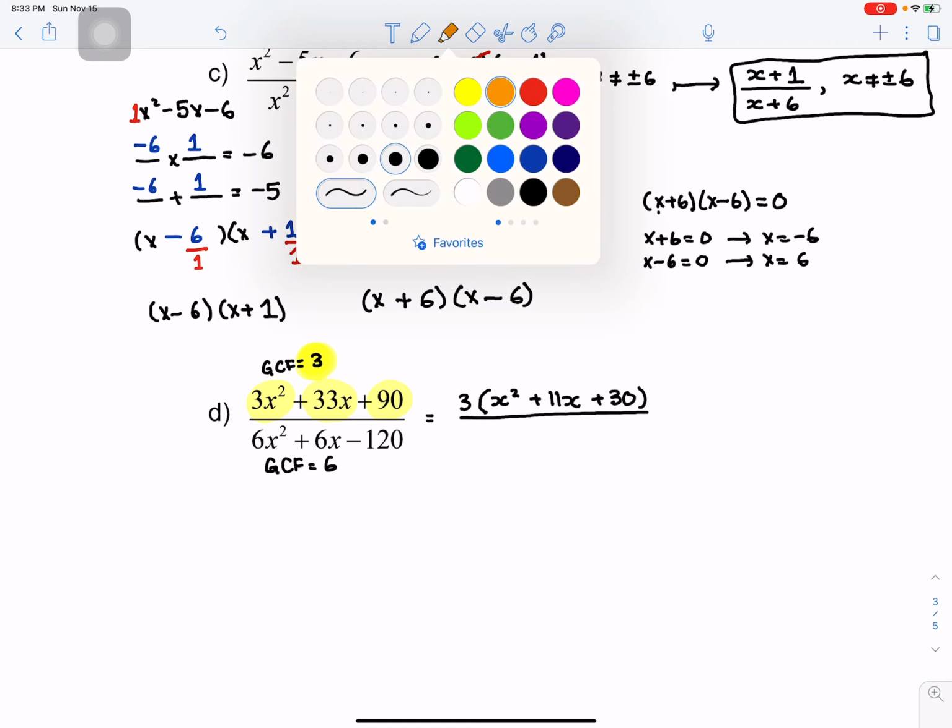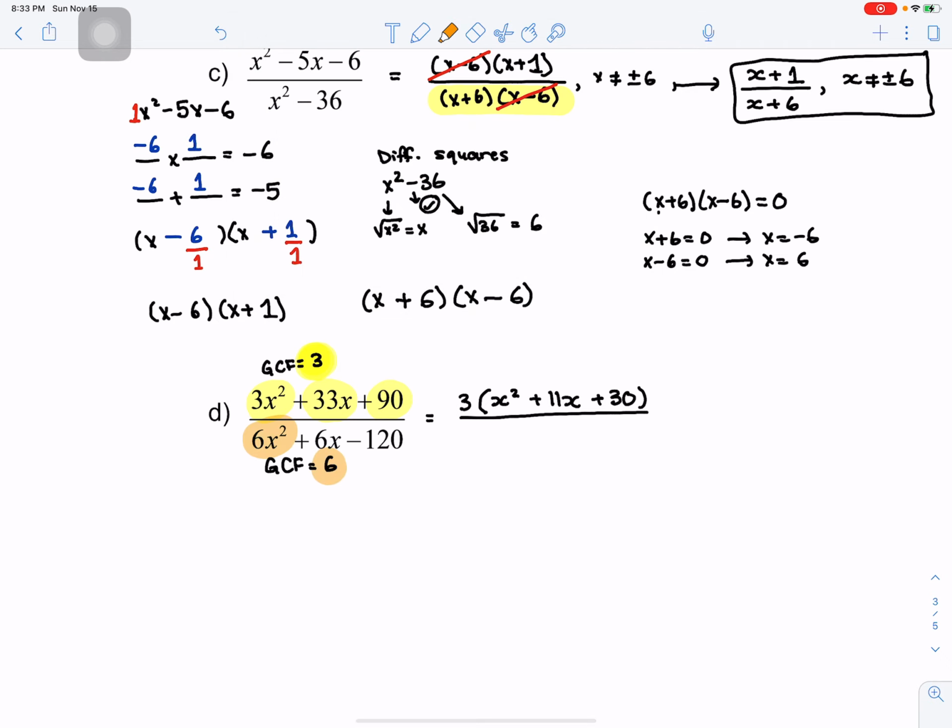Now my denominator. I'm taking 6x squared divided by 6, and I get an x squared. 6x divided by 6 is plus x. Minus 120 divided by 6 is minus 20. So you do the GCF first.